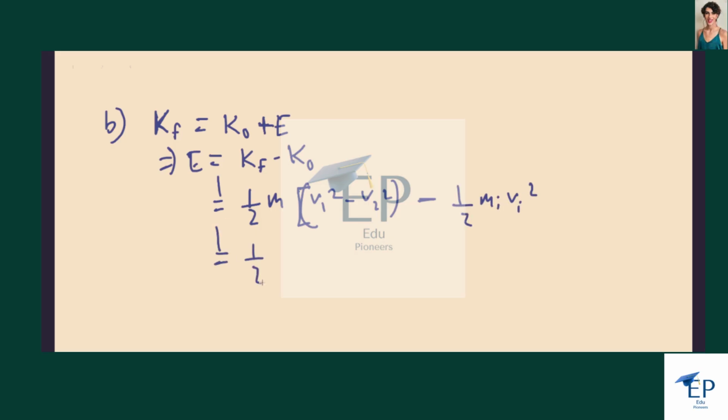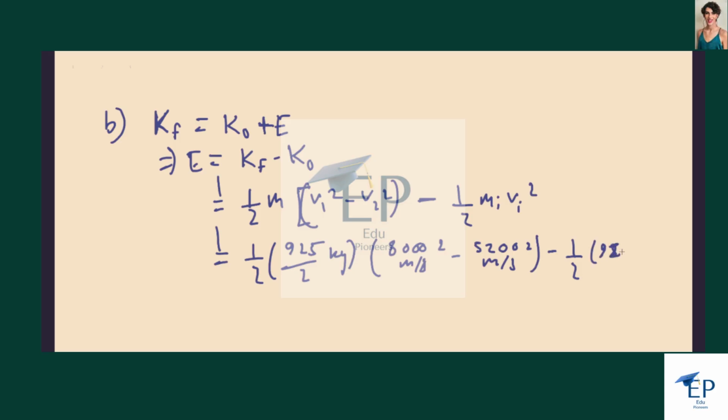And so this is 1/2 times 925 over 2 kilograms times (8,000 meters per second squared plus 5,200 meters per second squared) minus 1/2 times 925 kilograms times 6,600 meters per second, the initial speed, squared.